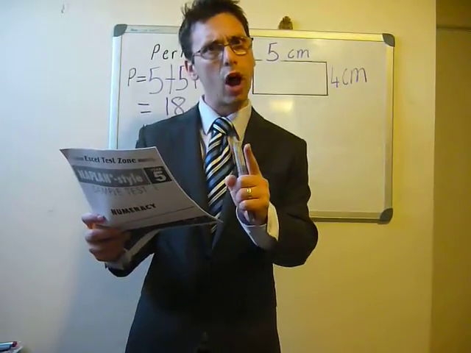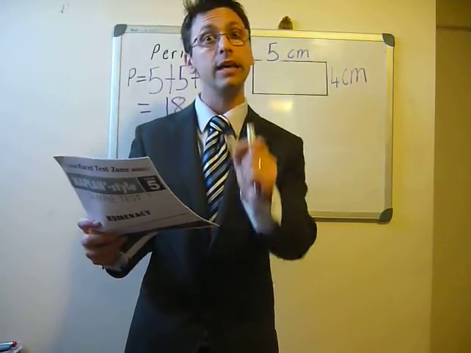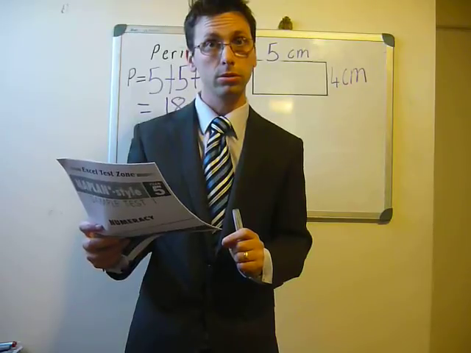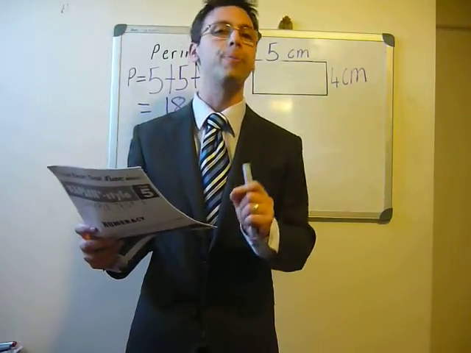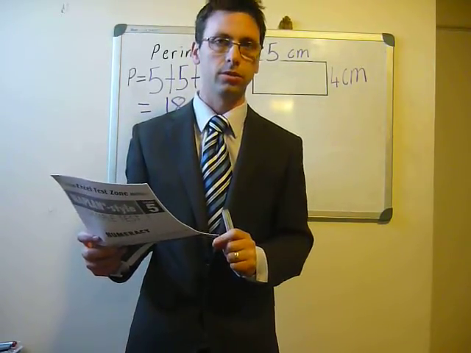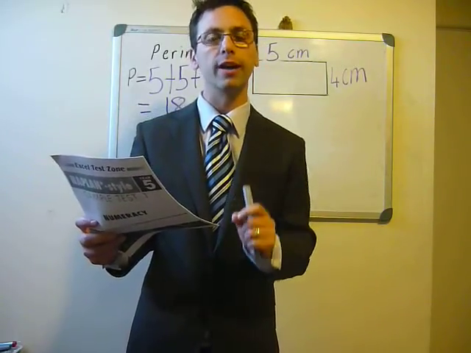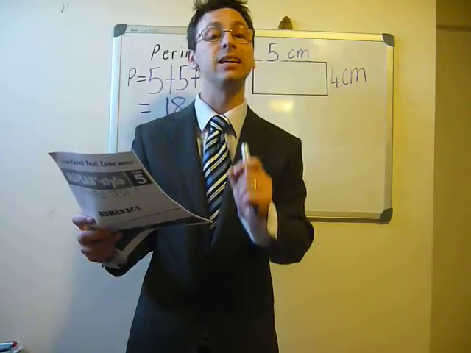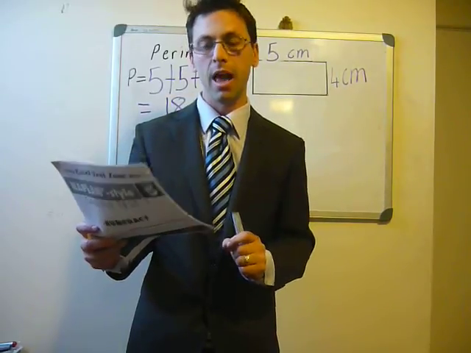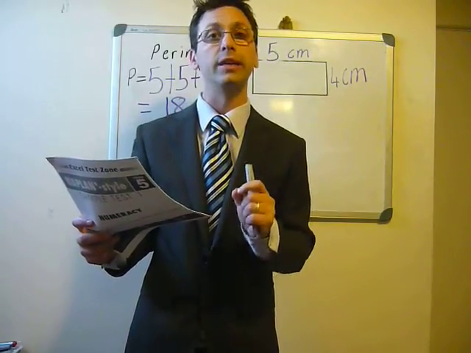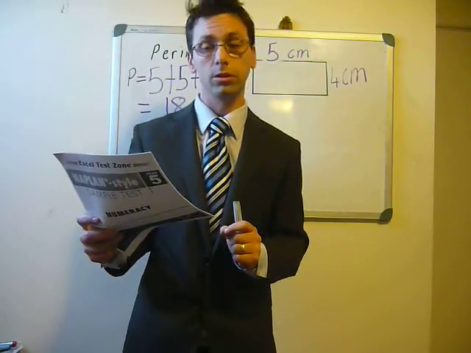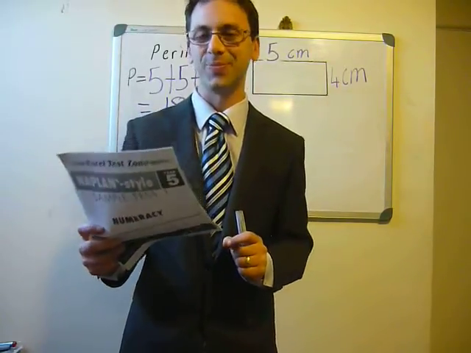If each side of the rectangle is doubled, what would happen to the area? I'll say this one more time. The perimeter of the rectangle is 18 centimeters. If each side of the rectangle is doubled, what would happen to the area?